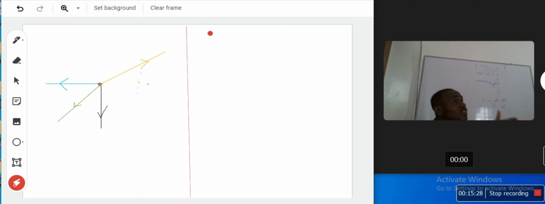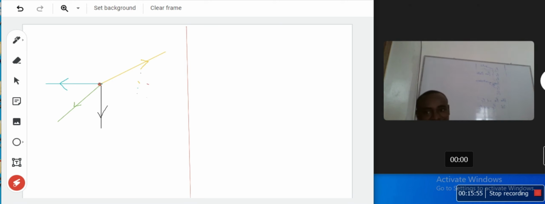Also, forces that are perpendicular to that plane of reference will not require resolution. You will love it because I'm moving it further. Two forces that will not require resolution are the ones that are parallel to the plane of reference and the ones that are perpendicular to it. So blue is already parallel to this plane of reference, which is the horizontal. Which force is perpendicular to it?